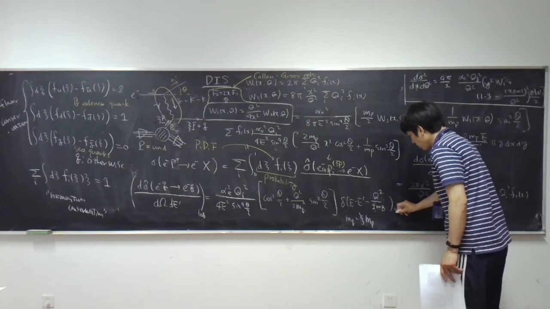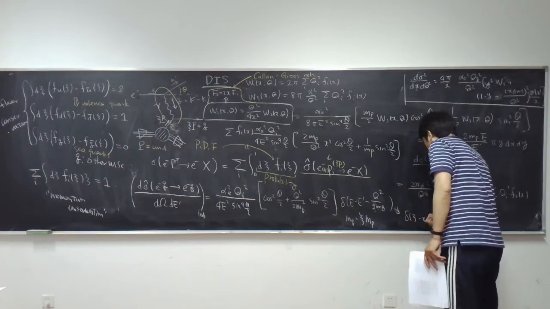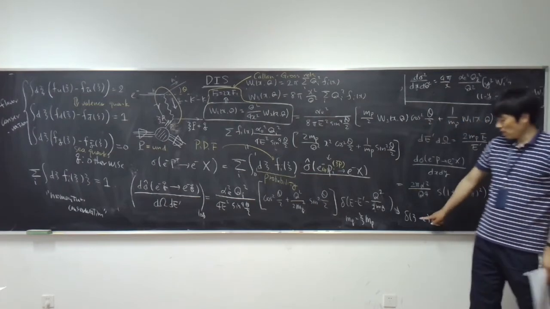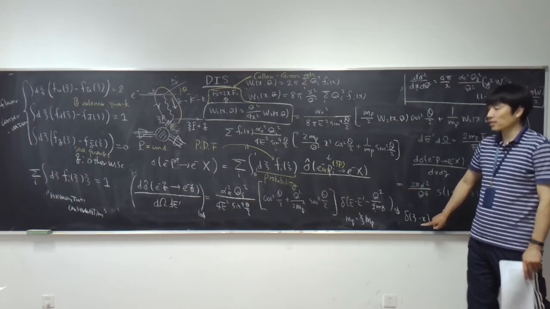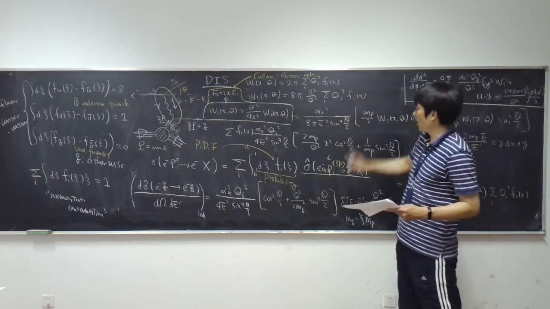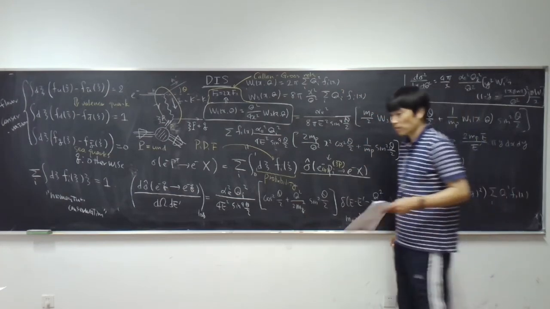At the end of the day, this delta function will give you xi minus x, essentially. The rest of the part is independent of xi, so you just replace xi by x, then you get this part. Does it answer the question?